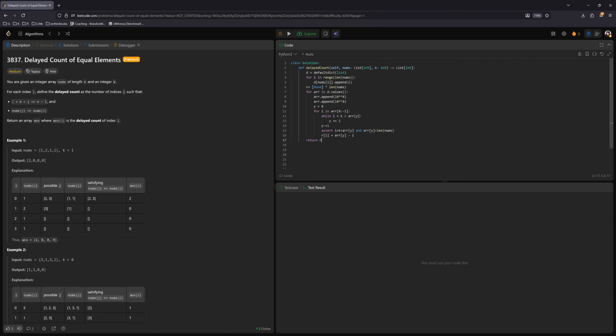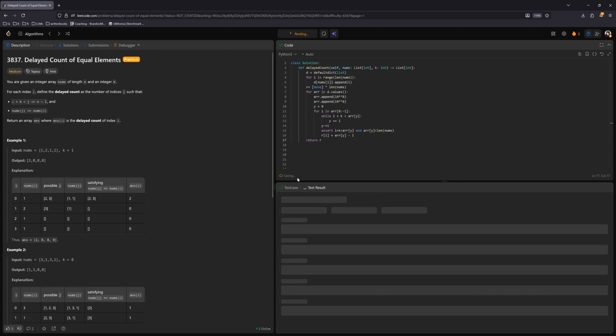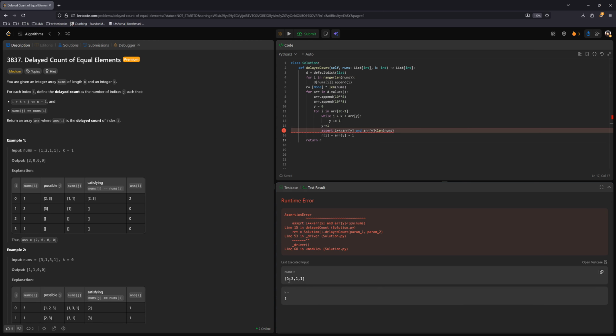We'll see if there's an off by 1. If there is, it'll be trivial to fix. Okay, nums 111. Assertion error. I was not expecting this.